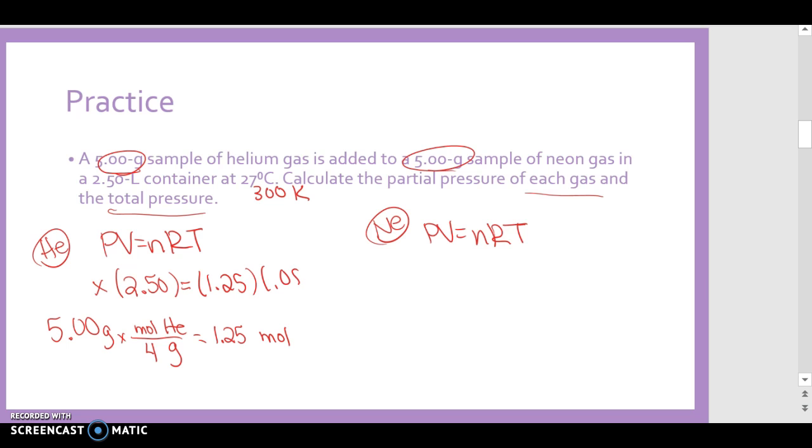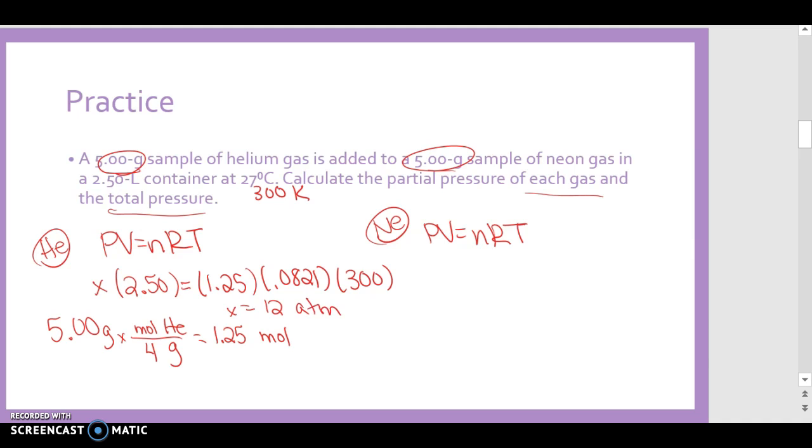R, we know it's always 0.0821, and our temperature we said is 300. Okay, then we'll solve. We need 12 ATM.